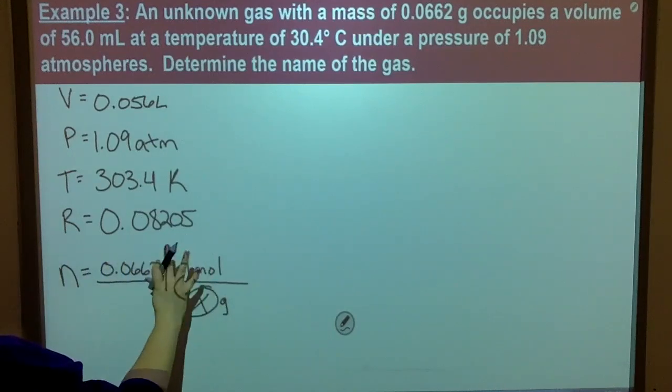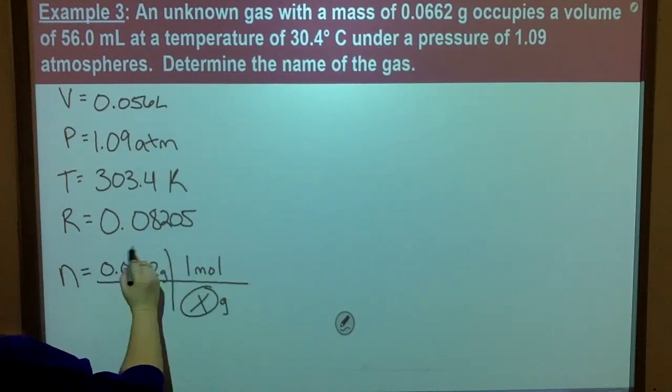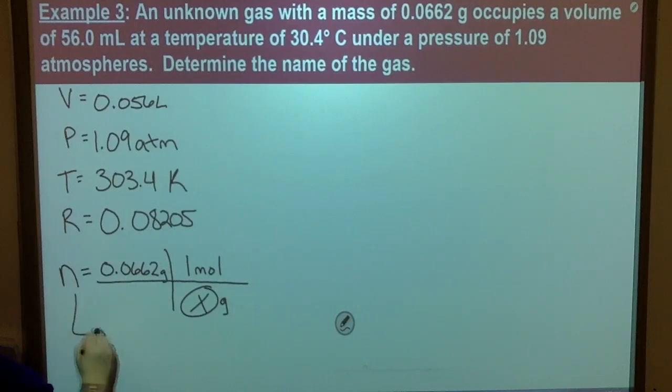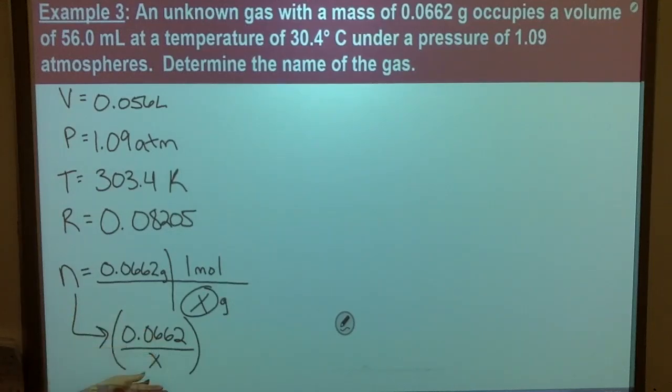So when we want to put this into the equation, I'm going to say that n is equal to 0.0662 over X. One of the questions on your assignment is very similar to this. We're trying to find the name of the gas, so we need to know its molar mass.